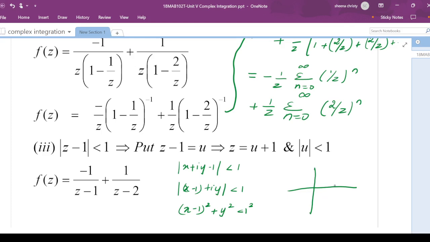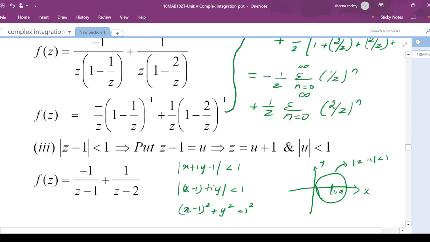So it represents the circle with center (1, 0) and radius 1. This is mod z minus 1 is less than 1. So the circle center is moved by 1 unit.